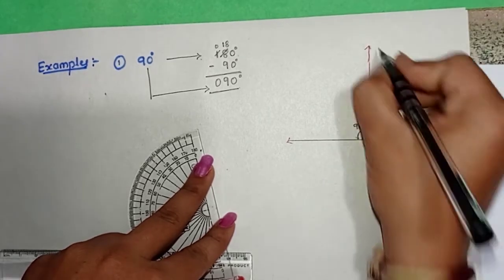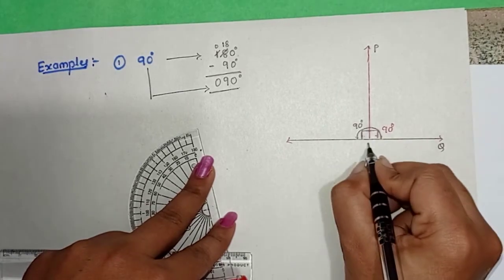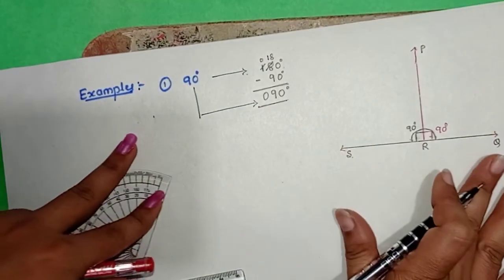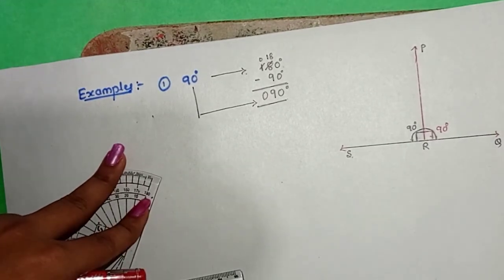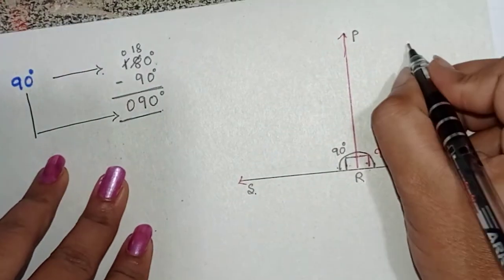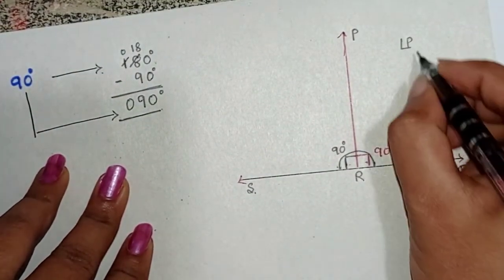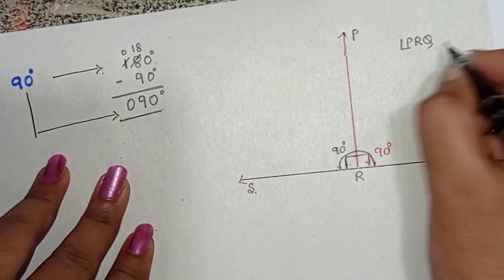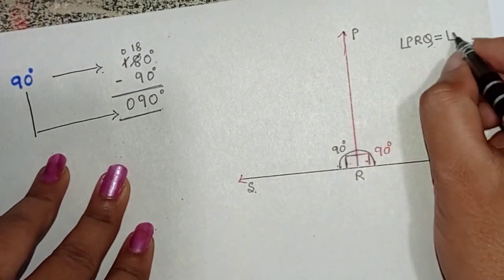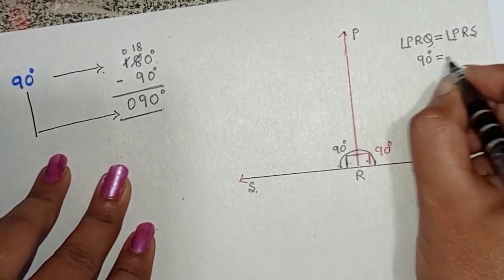If I name these angles P, Q, R, S, you can see clearly that angle PRQ is equal to angle PRS. Both are 90 degrees.